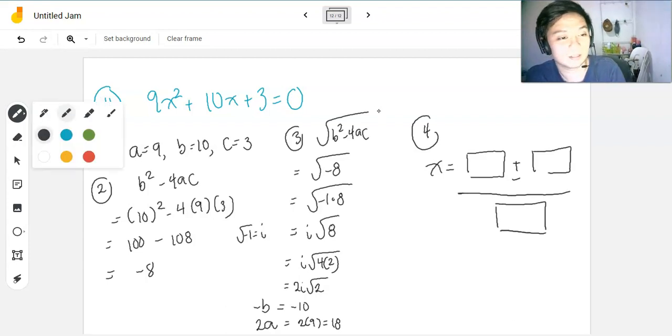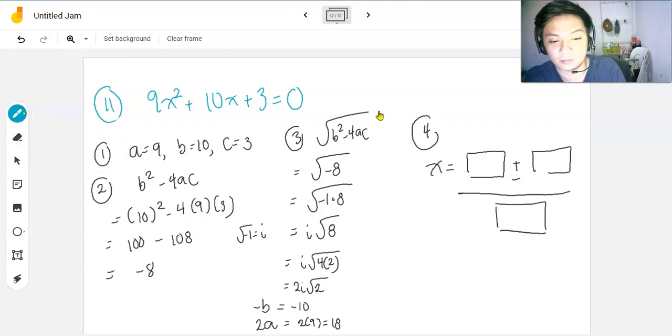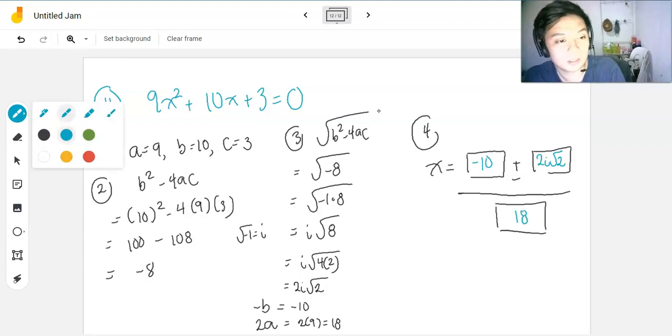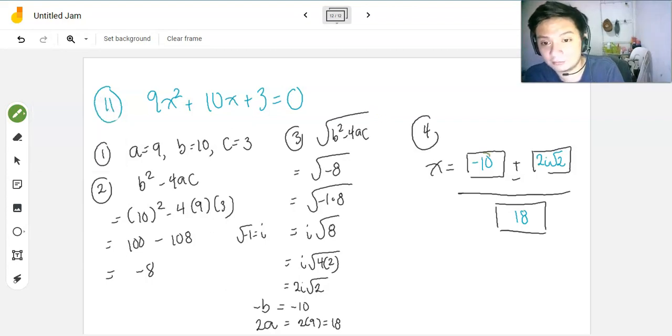Okay, ano ba to? Negative of b, yung sa unang box, bali negative 10. Plus or minus, square root ng discriminant na 2i square root of 2, and then all over 18. Ayan. So, sa pagkakataong ito, we can simplify. Kasi negative 10, tapos yung 2 sa 2i, tapos yung 18, rather, are all divisible by 2.